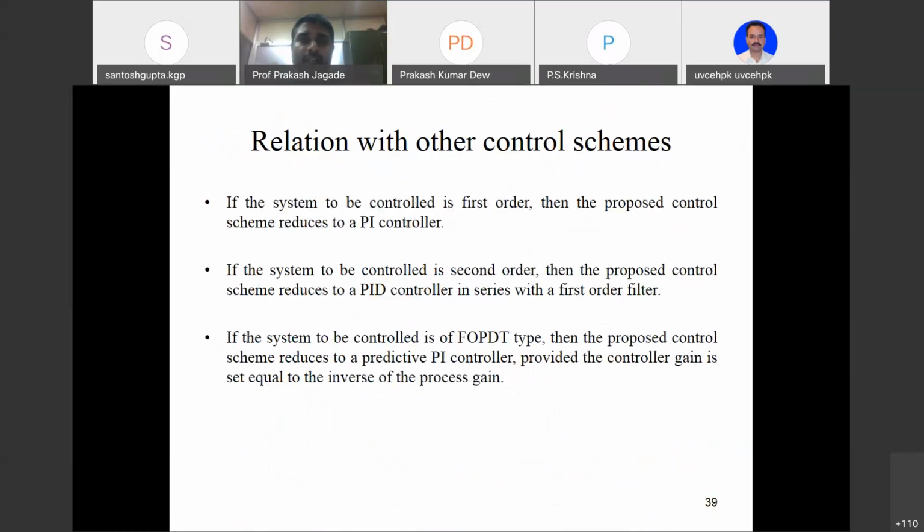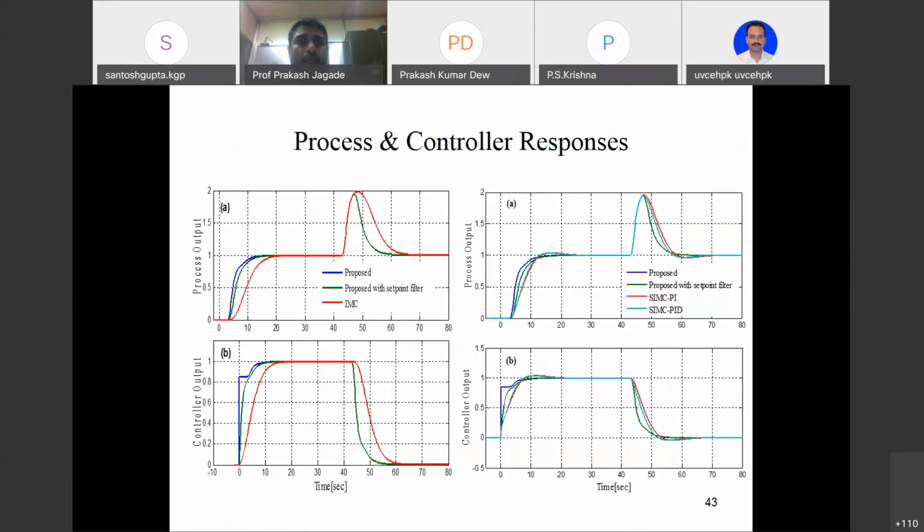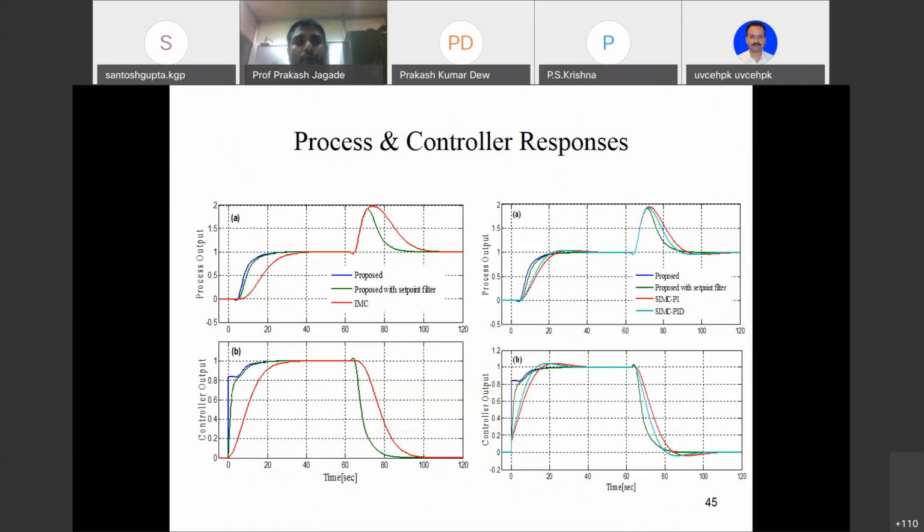That's what I wanted to convey here. It's a very simple model-based control scheme. Here I've shown the process and controller responses for the higher order process, and here for the process with dead time and right hand side zero.